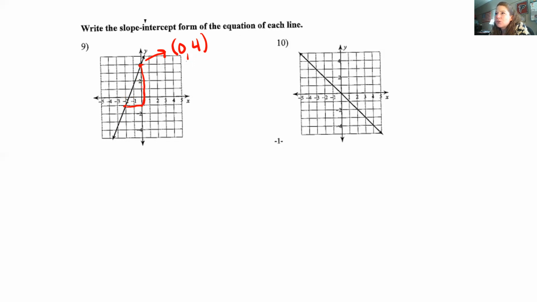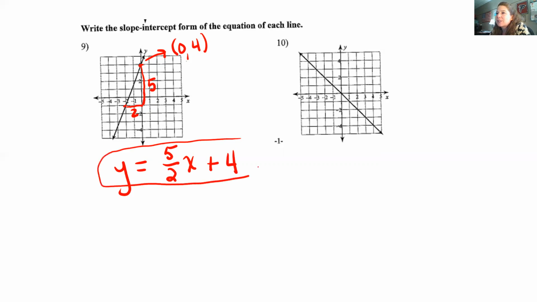So 1, 2, 3, 4, 5 over 1, 2. And it's positive. It goes up and to the right. So my rise over run is my slope times x, and then my y-intercept is +4. And that is my answer. It's positive because my line goes up and to the right. So then you guys try number 10 and check my answer sheet.